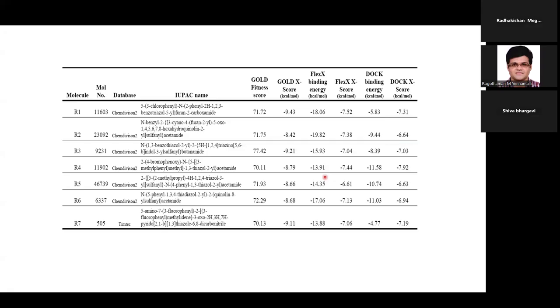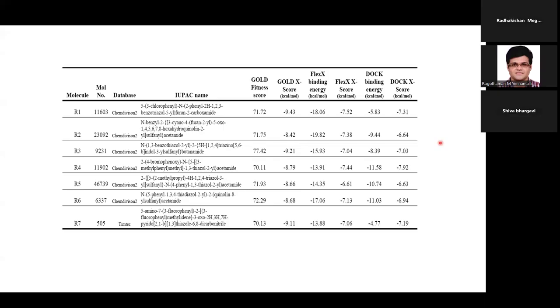So what makes this comparison easier is that it is on the same scale. Then the next question is, how much of a difference between the X-score values should you consider as a completely different type of docking?